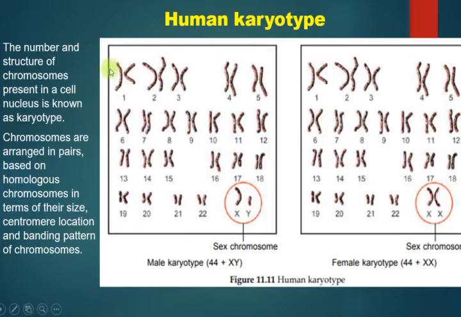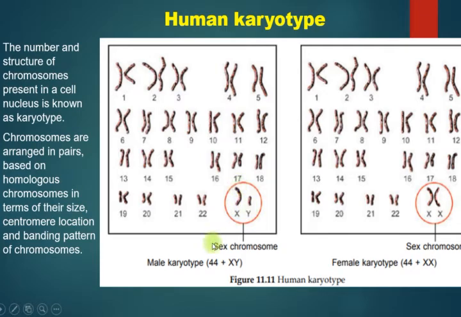So this is the first pair, second, until the 23rd pair. The first pair until the 22nd pair are autosomes, and the 23rd pair refers to the sex chromosome.